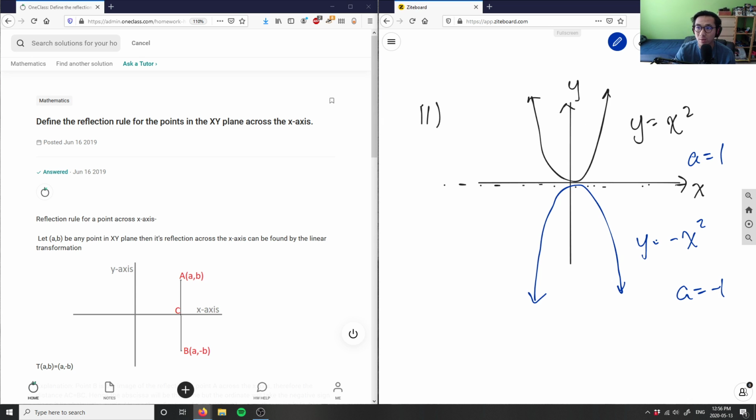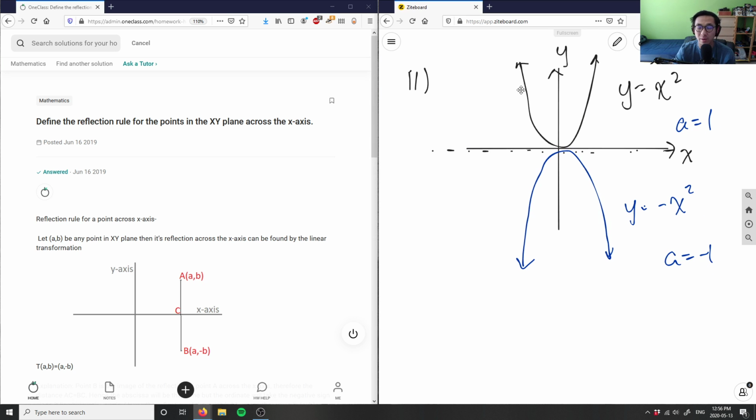So if I want a reflection rule for the points in the xy plane across the x-axis, all I'm going to have to do is change the sign of my a variable. This is for any function. So I can say y equals a times f of bx minus c, plus d.